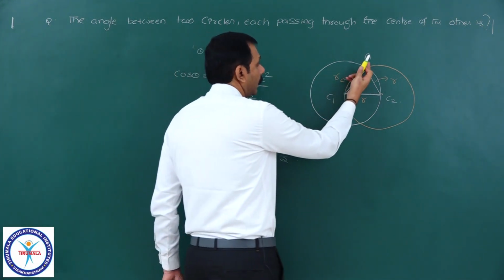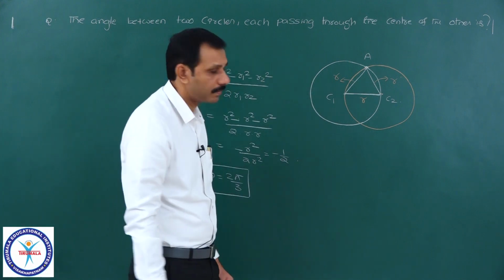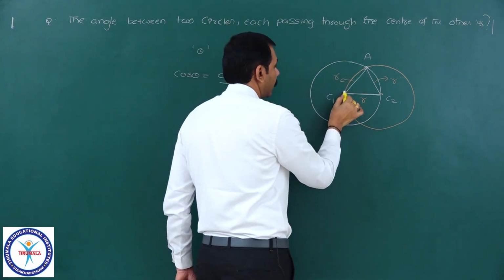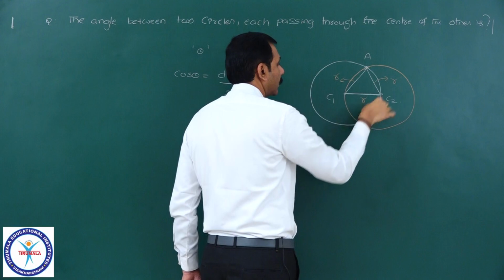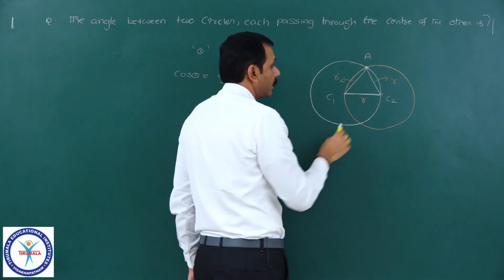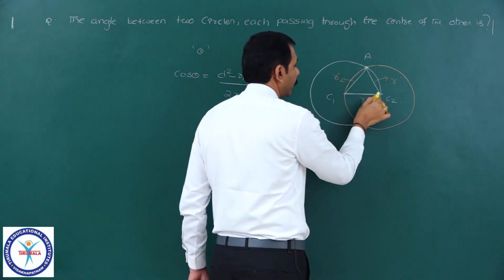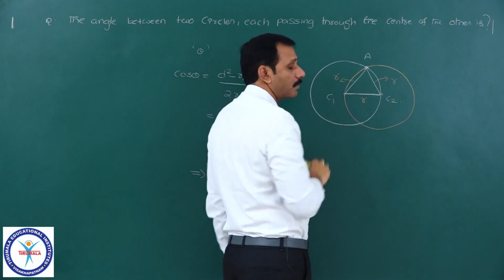Observe this. Each circle is passing through the center of the other circle. This is the center of this circle, and the point on the circumference means it is a radius of this circle. At the same time, it is the center of the other circle, passing through this point, so C2C1 is the radius of that circle also.